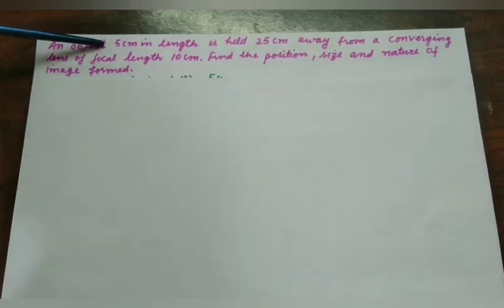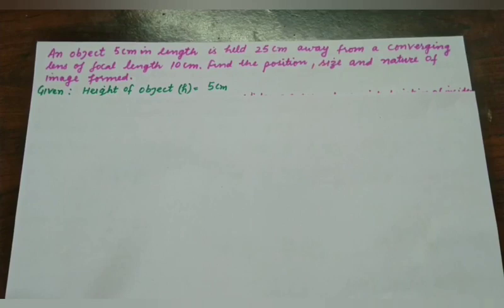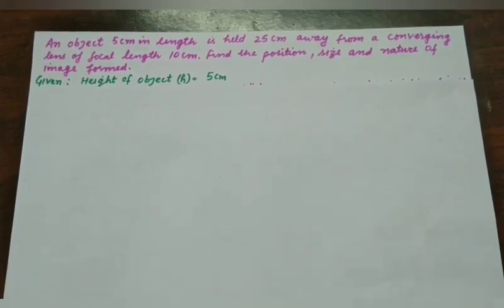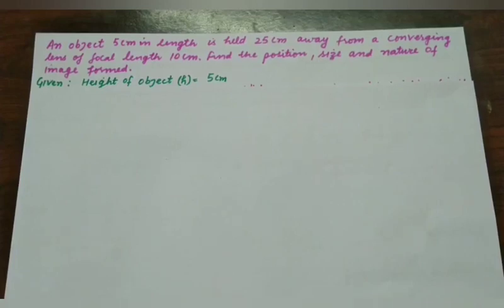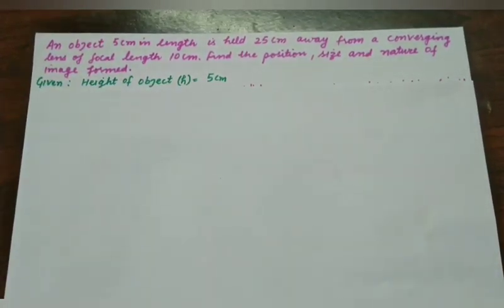5 cm length of the object means the height of the object is given. We know that the object is always placed upward on the principal axis. So h is plus 5 cm.